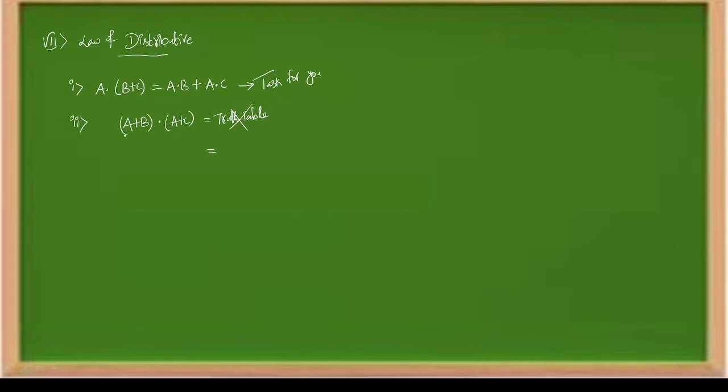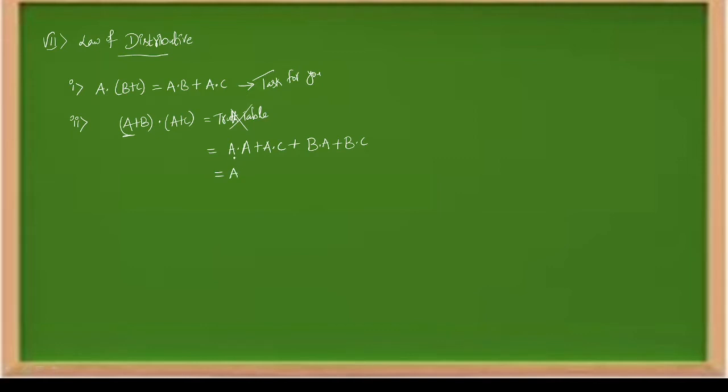Now, first I am doing the AND operation with A for both variables A and C. So the first term you obtain is A and A, the second term is A and C. Later I am using B, and if you apply similarly, you get B and A plus B and C. Now I have four terms.